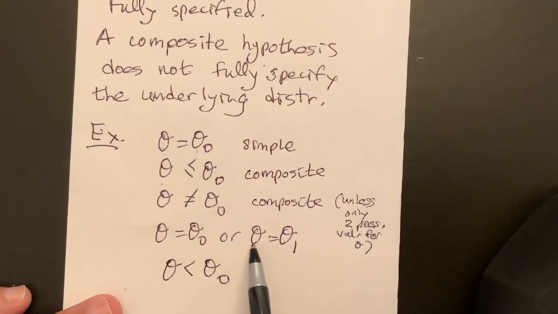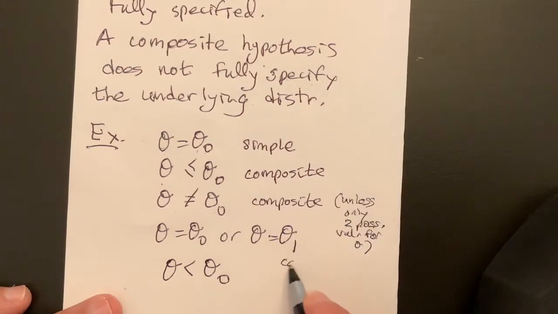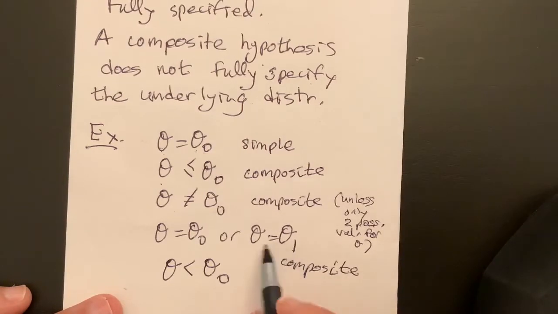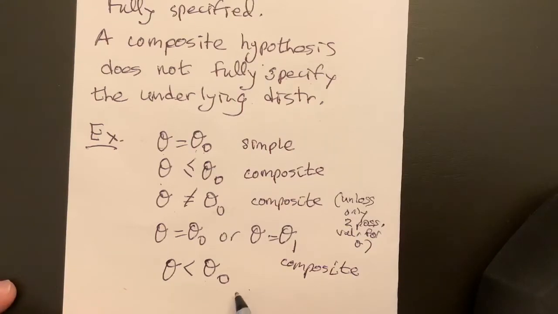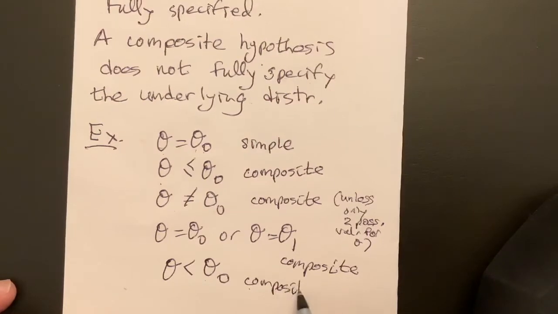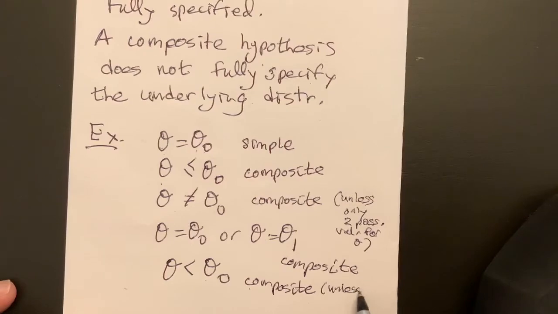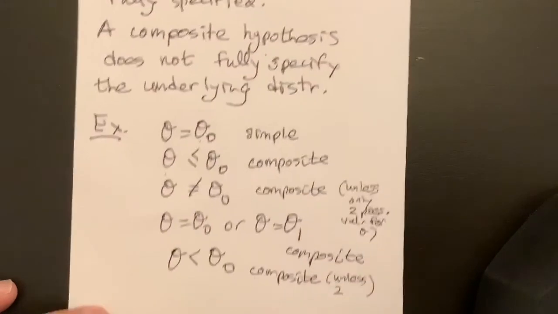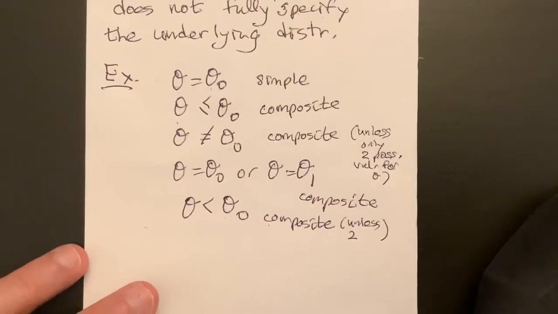This one is composite by definition, right? You don't know which it is. This one is probably composite unless only 2. Same, unless 2. Okay, that's the idea. So pretty straightforward.